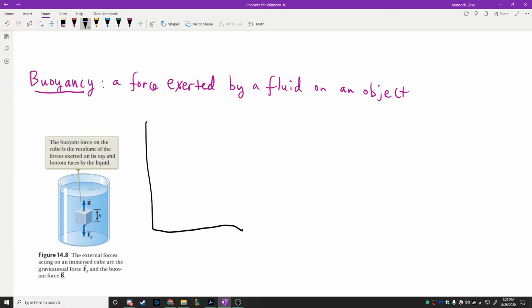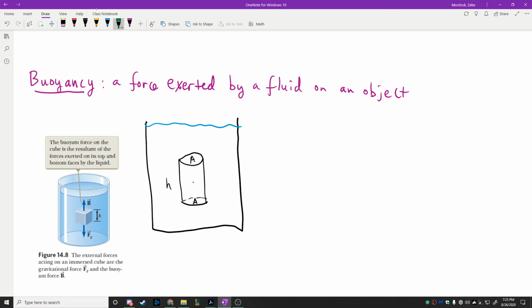We take a vessel, we fill it with water, we take our object, in this case a cube. I'm just going to draw a cylinder probably. So we draw a cylinder inside of this. We say our cylinder has an area on top that's A, and then an area on bottom, same thing. And we say it has a height h, and it's going to have a weight w, right?